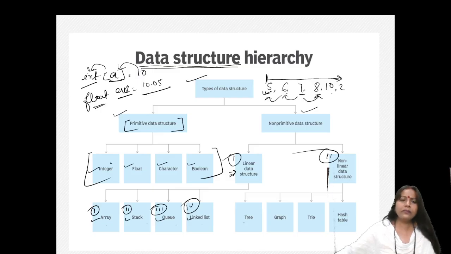Array is the sequential representation. A stack, as you know, आप जैसा कि जानते हैं, performs a LIFO operation, last in first out.